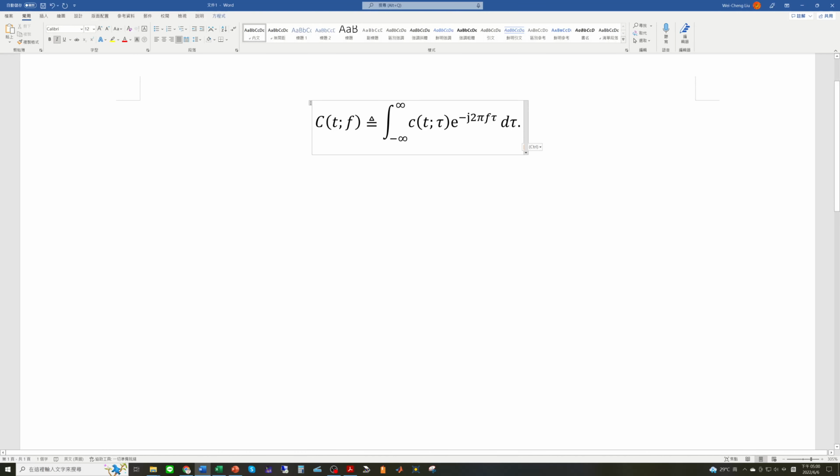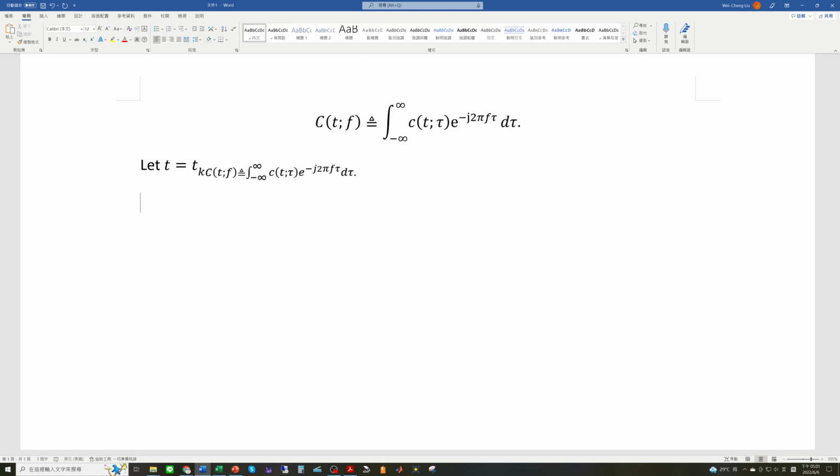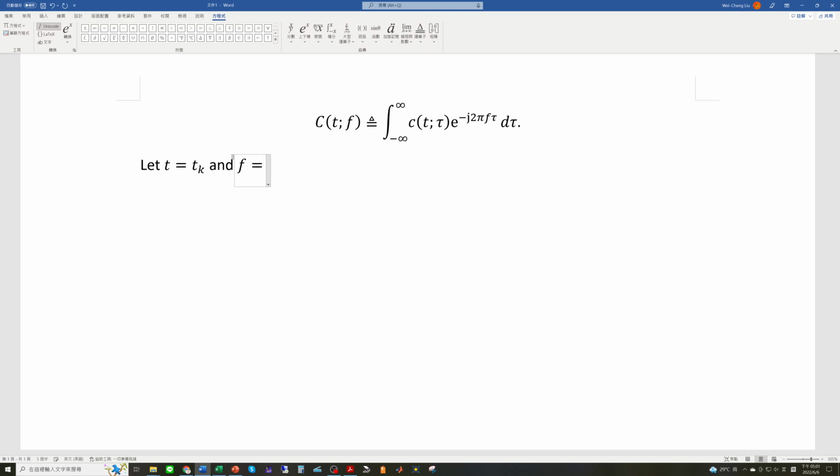So this equation. Then we let t be equal to tk, and f is equal to 0.